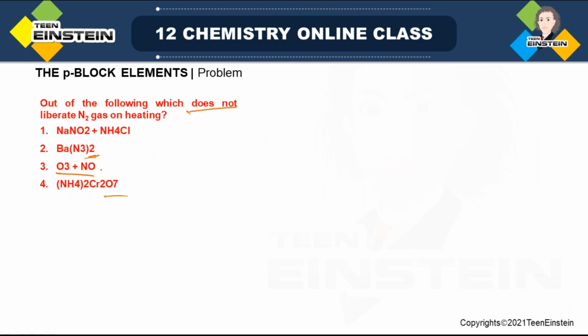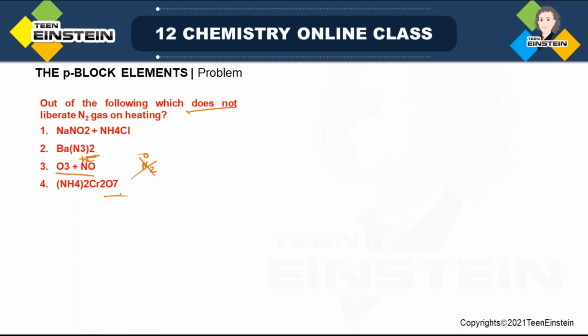That means here the oxidation state of nitrogen is +2. Now if O3 is oxidizing, that is fine. So obviously you cannot get nitrogen here, because nitrogen has oxidation state 0. Now from +2 you would be getting 0 oxidation state. That is not possible by O3. So in this case you cannot get nitrogen.